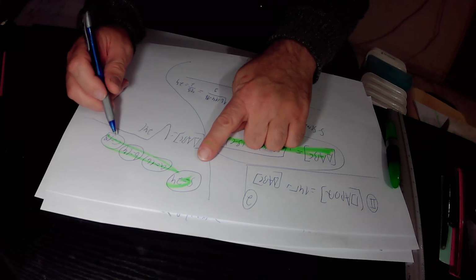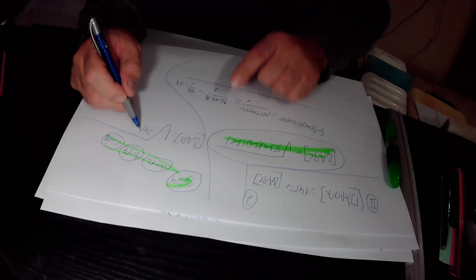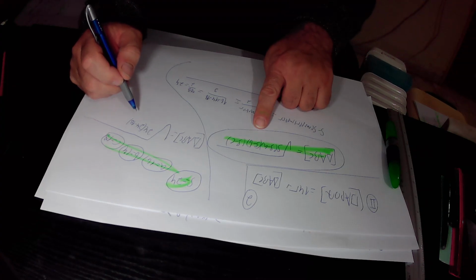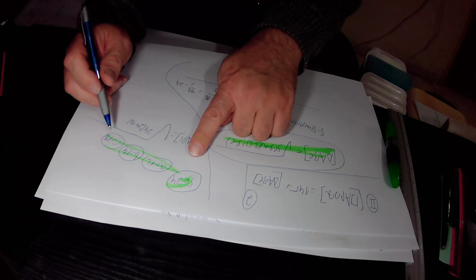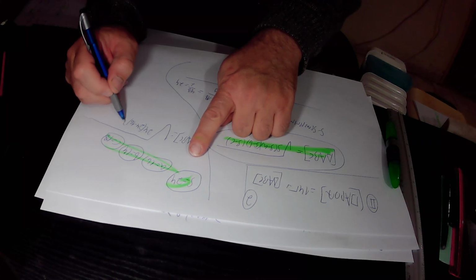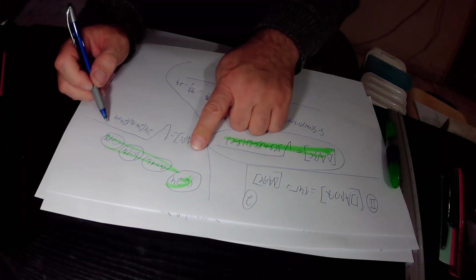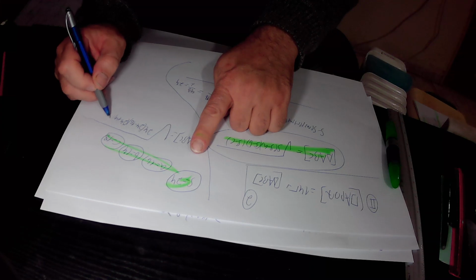S minus A is 24 minus 16, times S minus B. S minus B is 24 minus 14, times S minus C. S minus C is 24 minus 18.